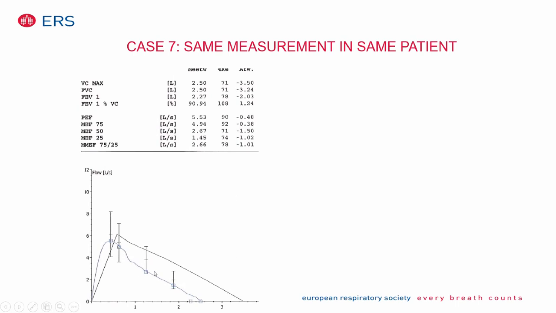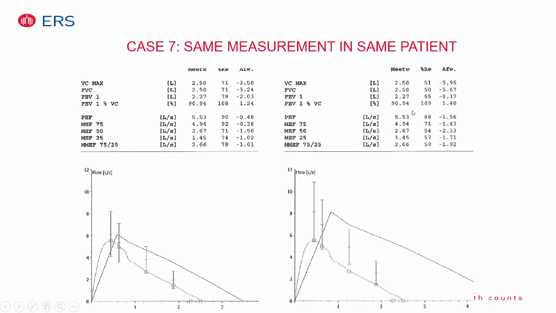Here you've got a technically acceptable forced expiratory flow volume curve, and your forced vital capacity predicted value is here 2.4. Is it measured or predicted? I don't actually know. It's calculated as 70%. And if you use a different reference, it is calculated as 50%. So this is clearly abnormal. This is mildly abnormal. What is correct?